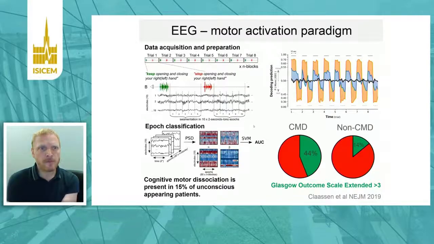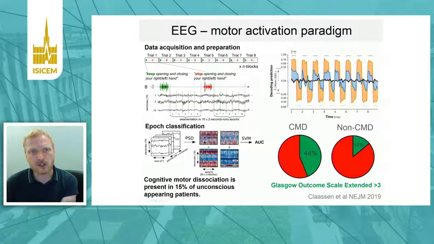More recently, data was published where a larger group of over 100 patients with mixed causes of unconsciousness were studied. They similarly were exposed to commands, so asked to keep opening and closing their right or left hand, stop opening and closing the right or left hand. This was done over and over again.